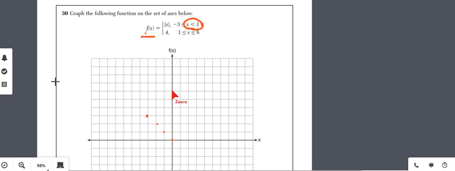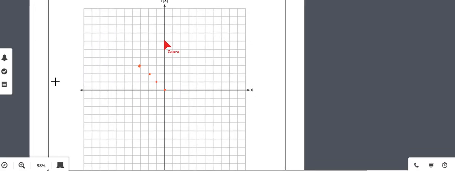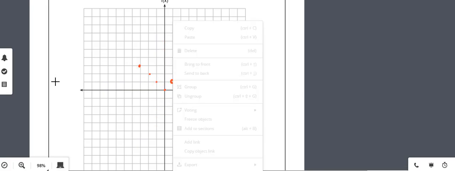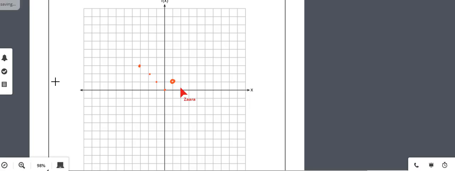So at 1 we will mark the output with an open circle, because 1 is not included in our input. Is it clear?